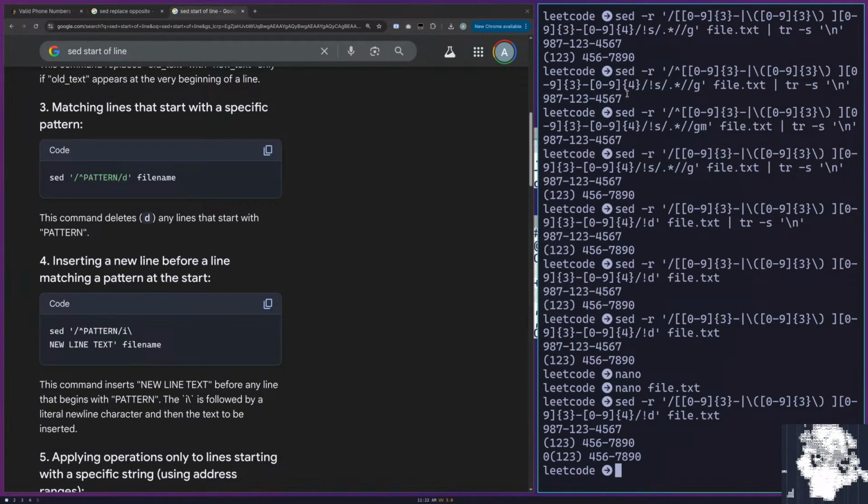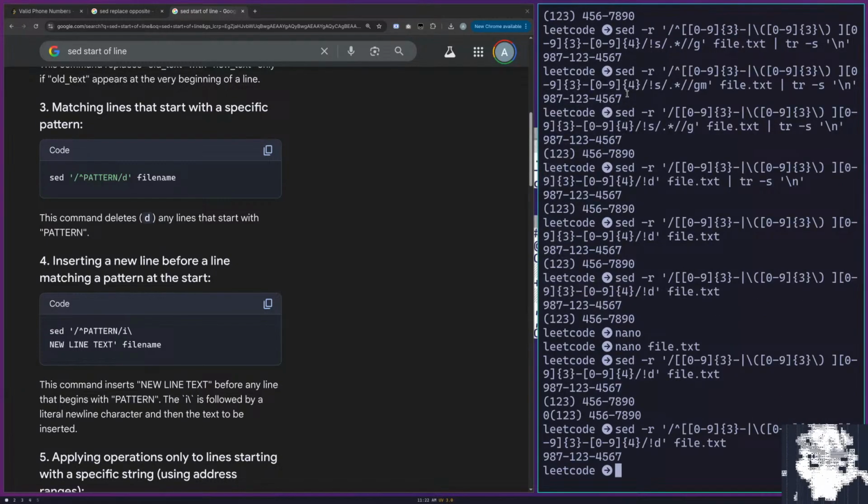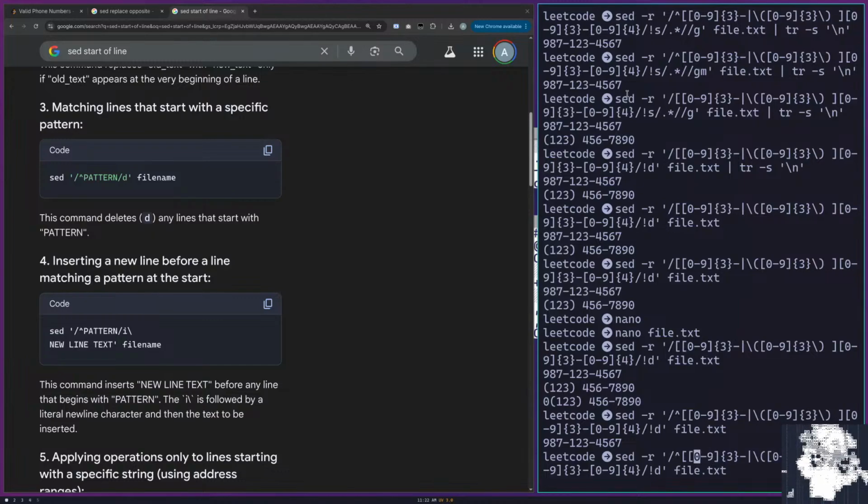Okay. And the reason is the line has something that matches, but I want it to start at the beginning of the line. But that symbol is not working because it's not counting that as the beginning of a line. It's only putting one caret at the beginning of everything.